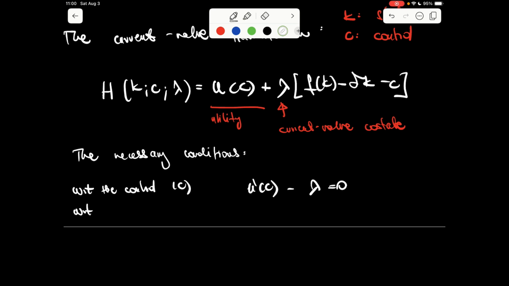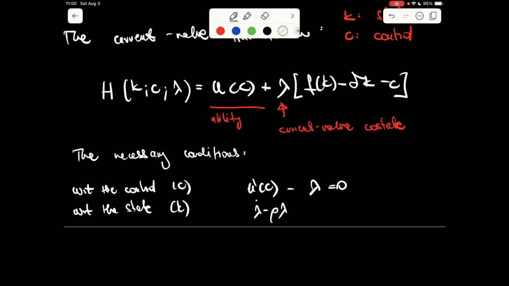With respect to the state, which is K, we have this.